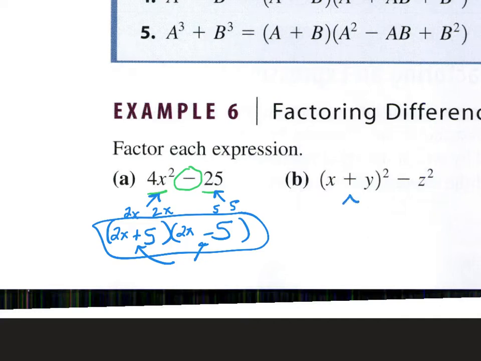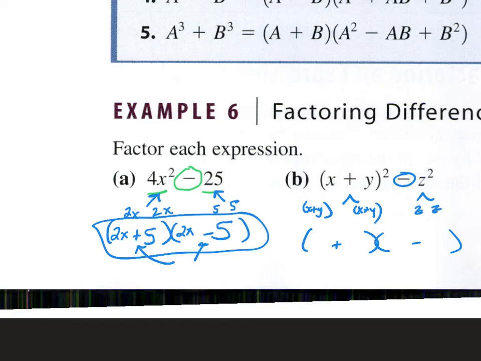This is the same thing. This is a minus sign, so that means you're going to have two binomials, 1 plus, 1 minus. If I have x plus y quantity squared, don't you agree that that means I have x plus y times x plus y, right? And then over here for z squared, I have z times z.